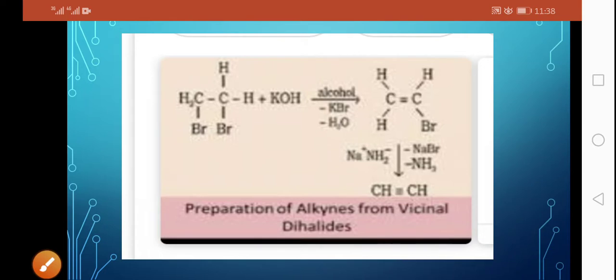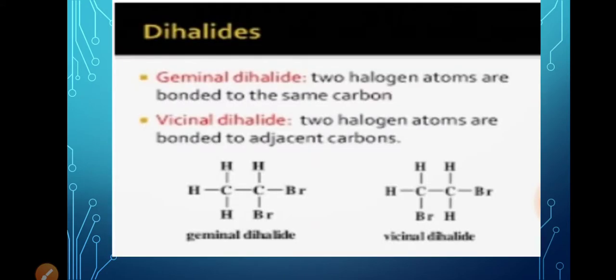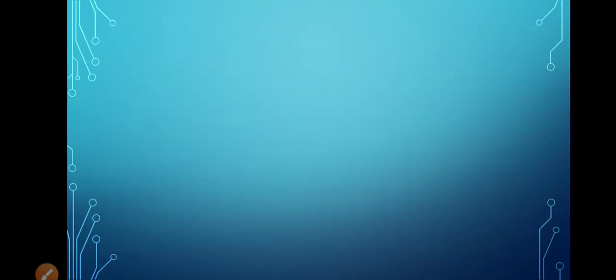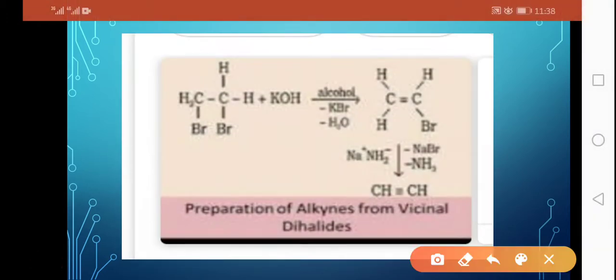Now when the reaction is carried out between the vicinal dihalide and the potassium hydroxide, you can see here that this hydrogen will go with OH, which comes from the potassium hydroxide, and potassium will react with bromine from the adjacent carbon atom, and it will lead to the elimination of KBr, that is potassium bromide, and water, as written here.